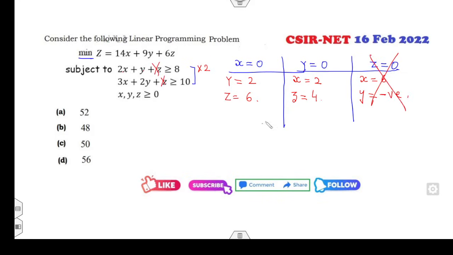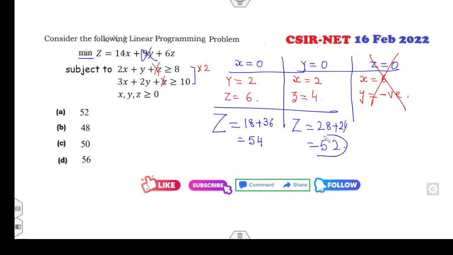Your target is to minimize, so can you calculate the value of z? X will be 0: 18 plus 36, which is 54, corresponds to this case. In this case, the value of y will be 0: 28 plus 24, that is 52. So the minimum value is 52. The rest of the options are cancelled.